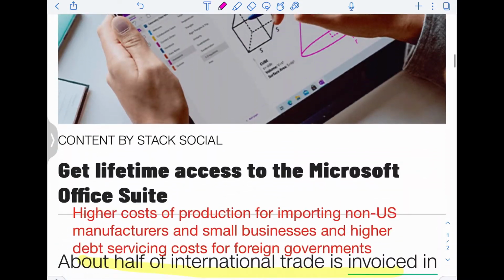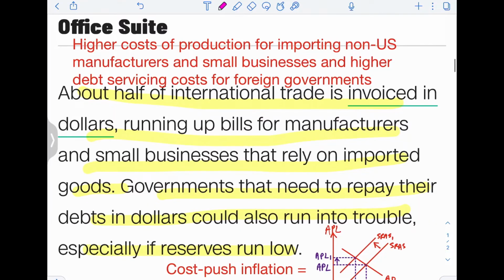So what, you might be asking? Well, the problem is half of international trade is invoiced in US dollars. So manufacturers and small businesses that need to import goods or raw materials are seeing that their costs of production are rising.